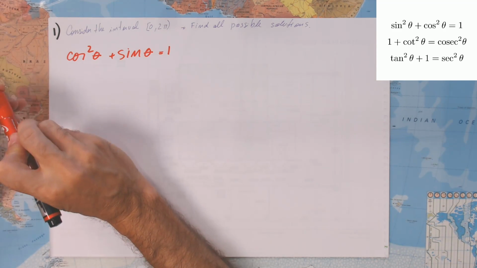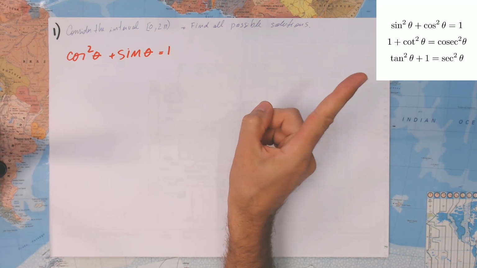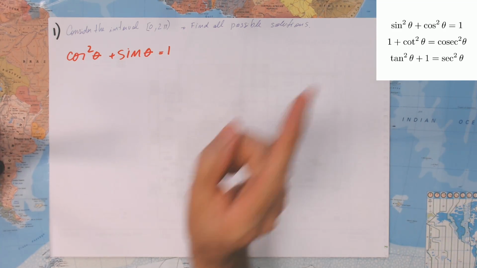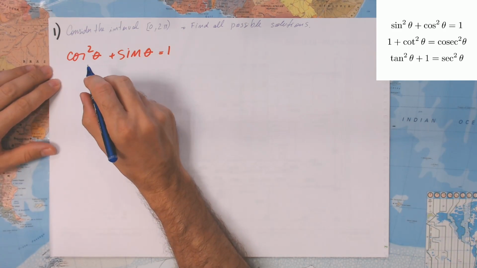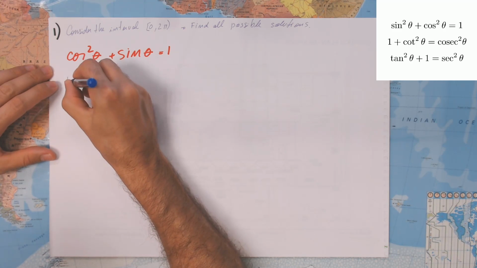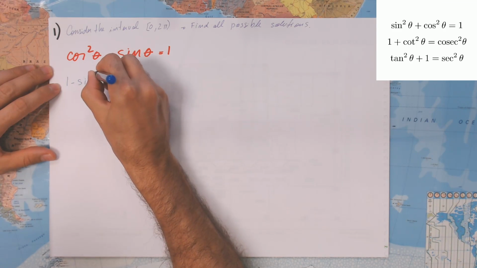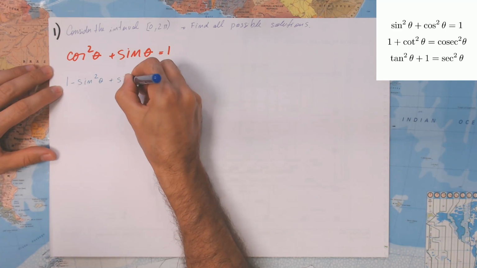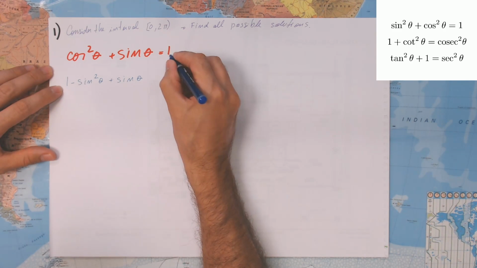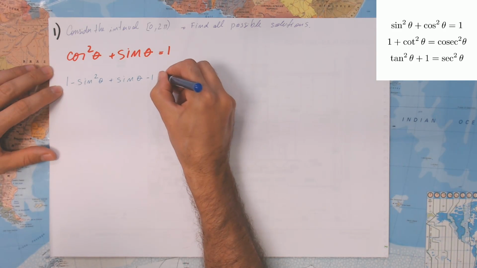Well, I'm going to use this one here. The first one, cosine squared, I'm going to make 1 minus sine squared of theta, plus sine of theta. Let's bring the 1 to here, minus 1.